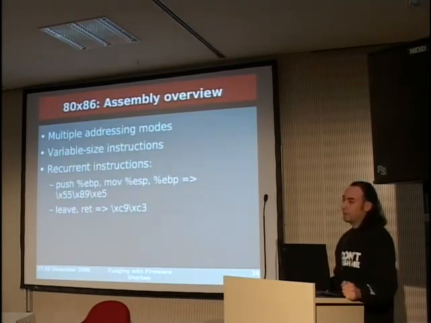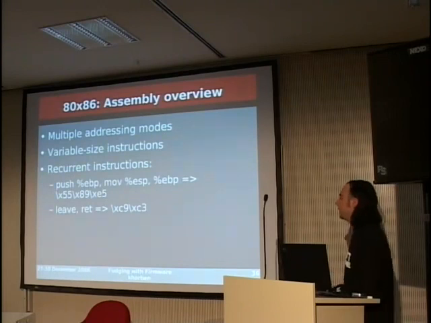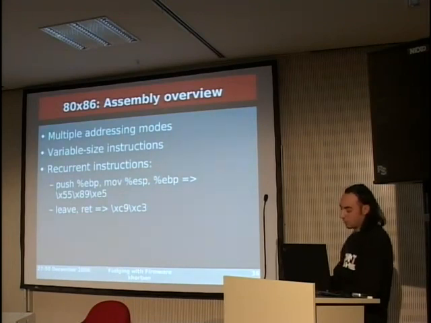We can identify it directly from the assembly. You can see a fair amount of instructions which look like this: 55 89 E5, which is the stack code when you change from function to function. And when you leave the function, it's going to be C9, C3.